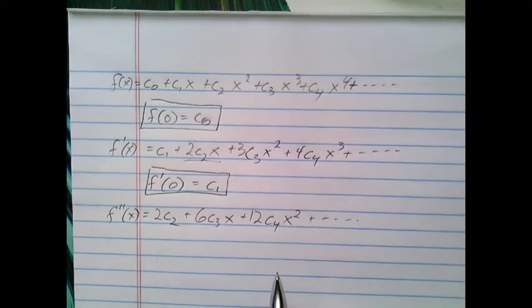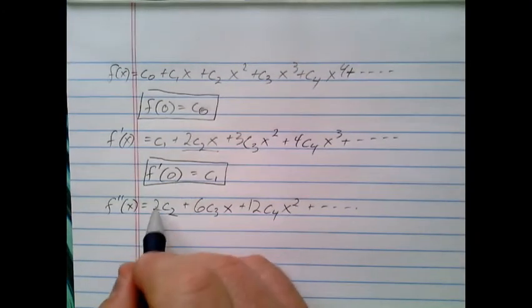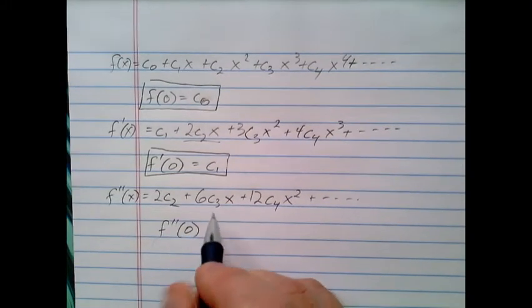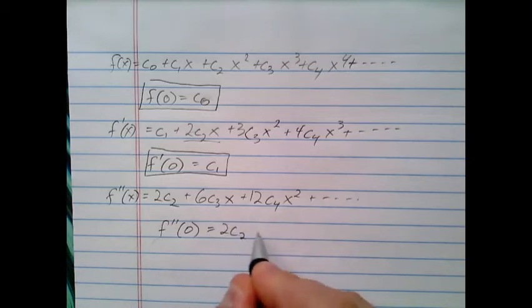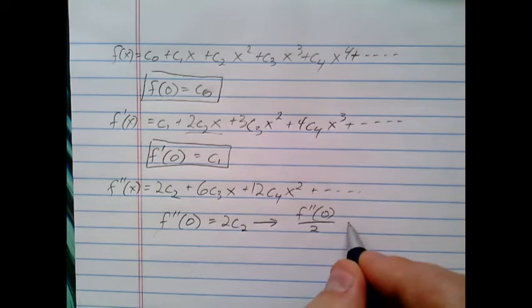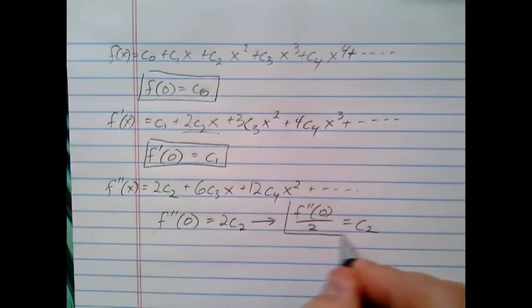And so again, I'm going to plug in the x value that the series is centered at. So f double prime of 0 wipes out everything but the first term, equals 2c2. So now I have to divide by 2, and say f double prime of 0 over 2 equals c2.